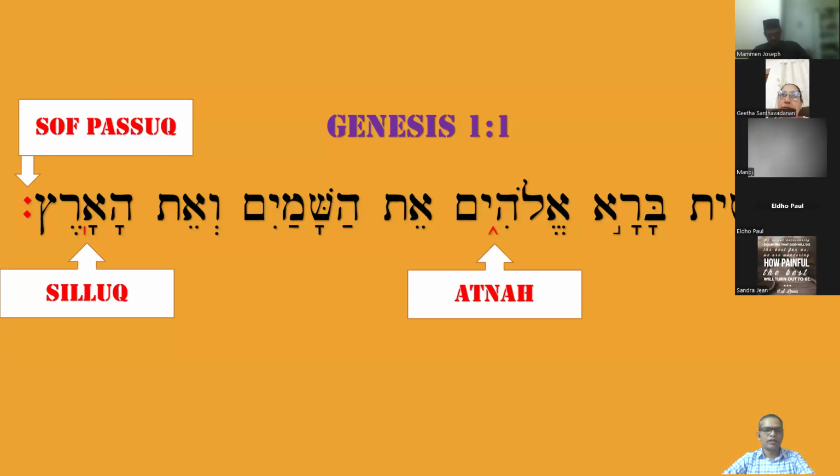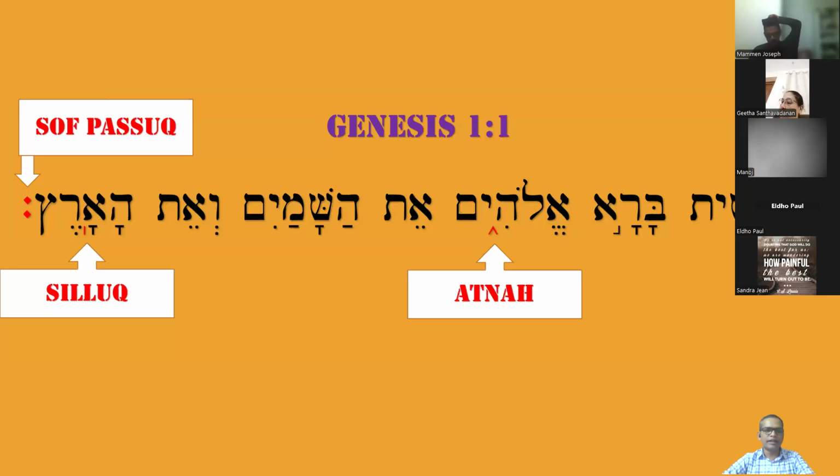All right. So now, if you see Siluk in the last word of the second half of the verse, immediately it will be followed by another accent which is called Sof Pasuk. Sof Pasuk is nothing but a full stop. It looks like a colon, like two dots, but in a bigger form.